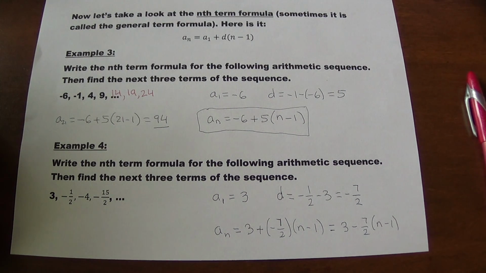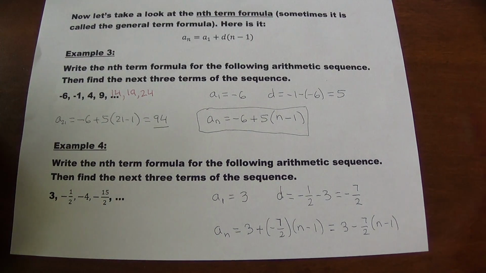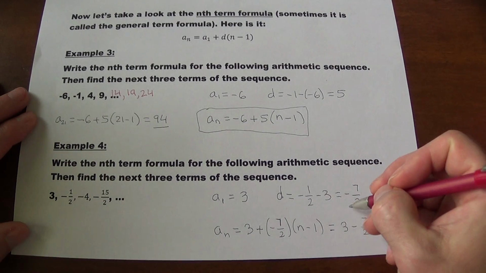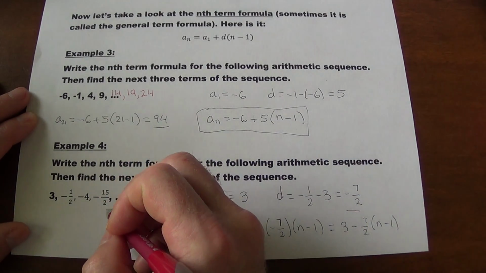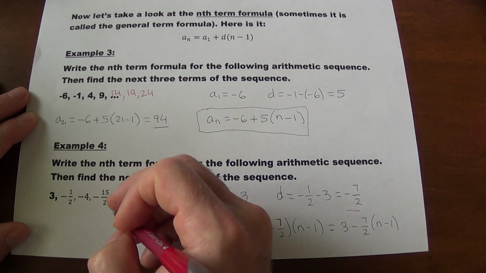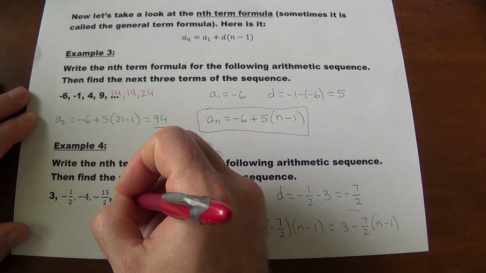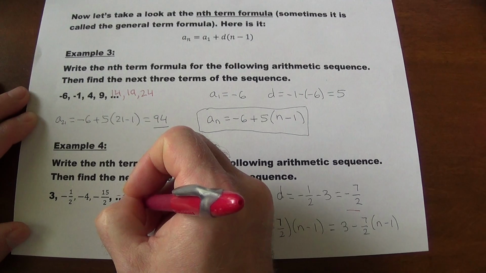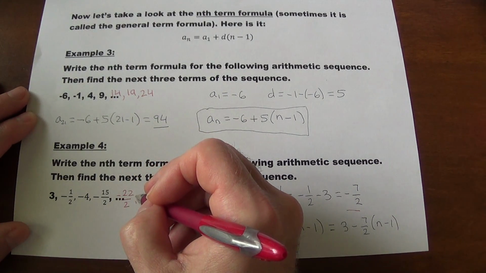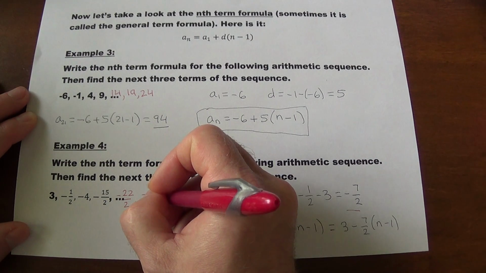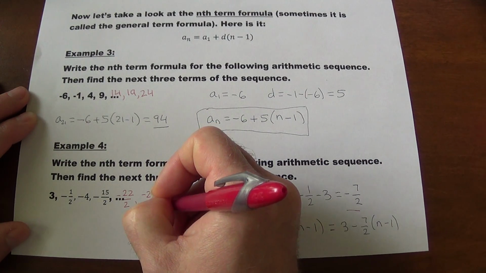And then to find the remaining terms of the sequence, we're going to have to continue adding negative 7/2. So negative 15/2 plus negative 7/2 is going to give you negative 22/2. Negative 22/2 plus negative 7/2 is negative 29/2.